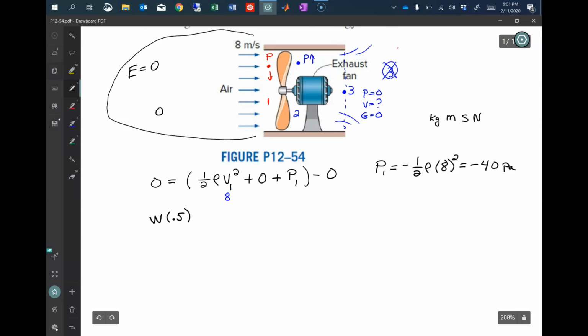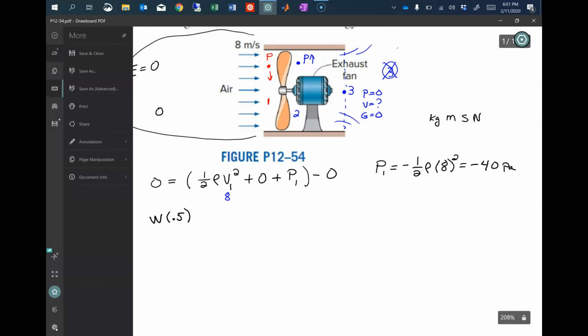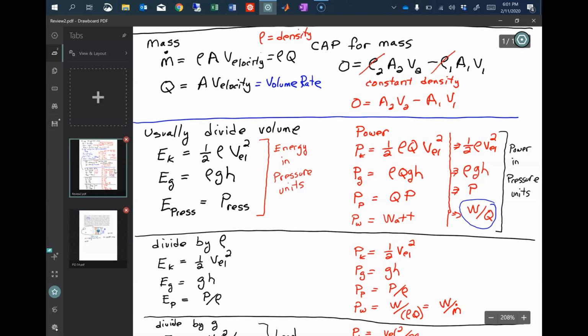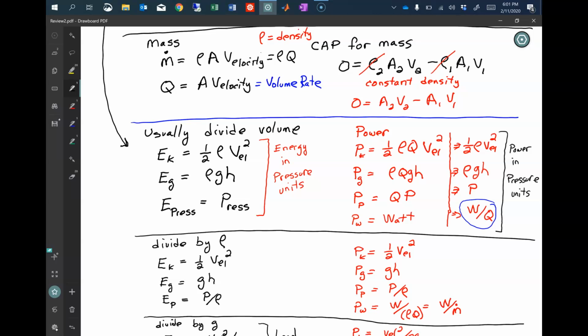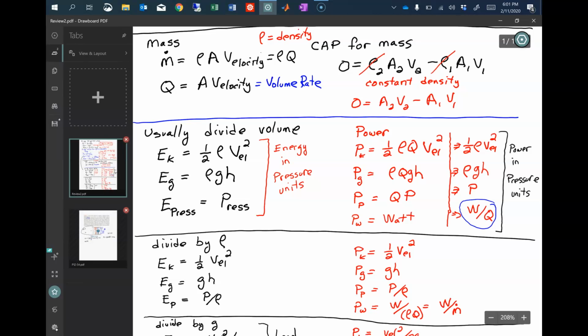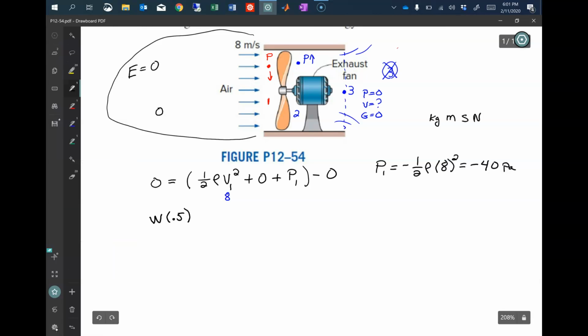If you remember the formula, the energy is the wattage divided by the volume flow rate, which we'll call Q. It's positive because energy goes in, and that equals the energy at point 2, which is kinetic, 1/2 density times velocity 2 squared, no gravity, and the pressure P2, minus the energy at point 0, which is 0.